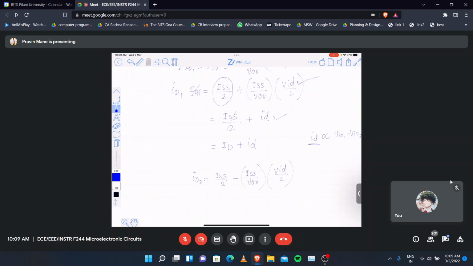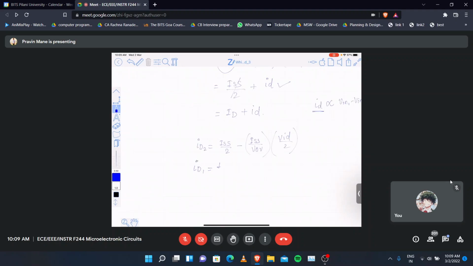So you just understand what is the difference between these two equations. Plus ISS by 2, and ISS by VOV into VID by 2. What is the difference between these two? What is the DC current in both transistors? ISS by 2, same.